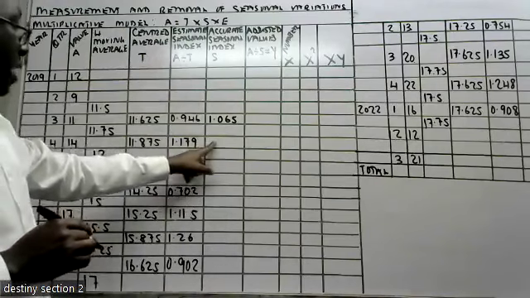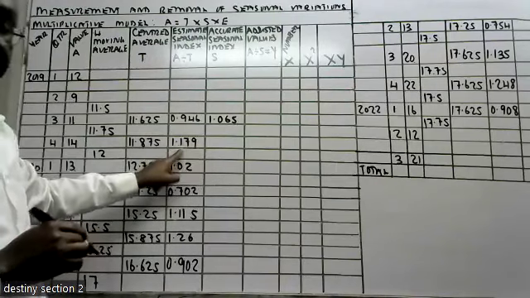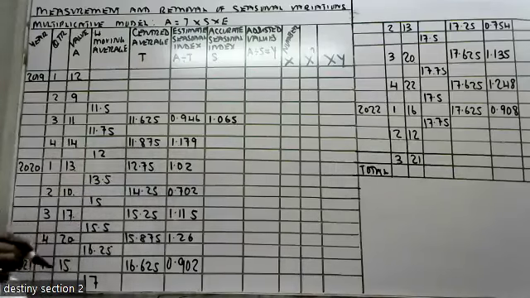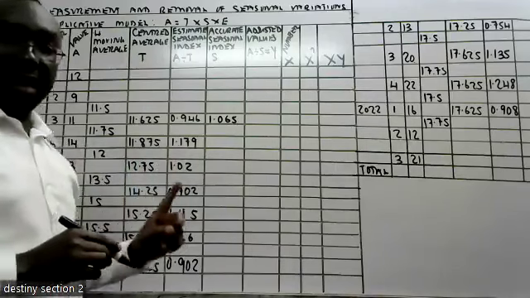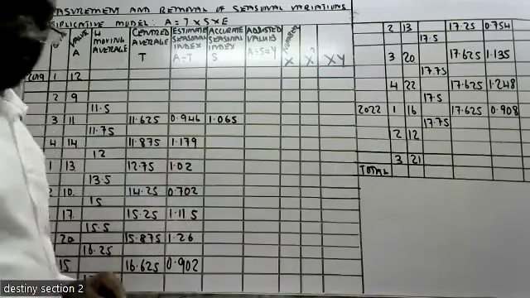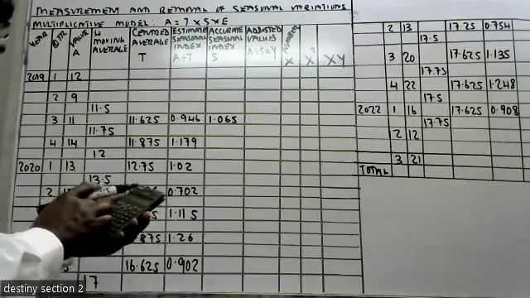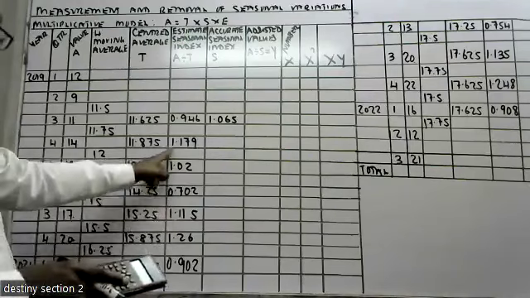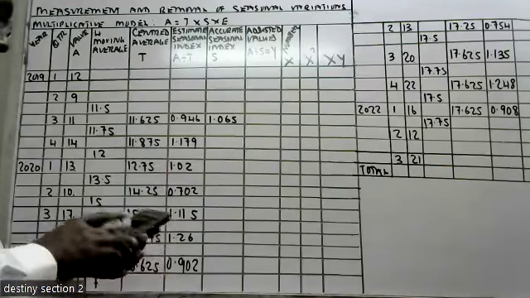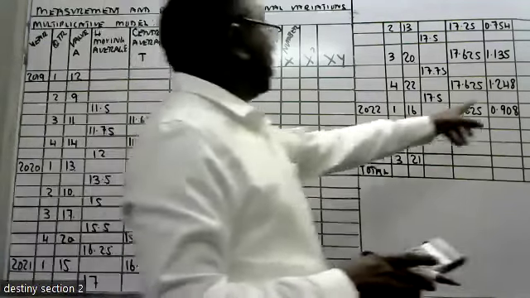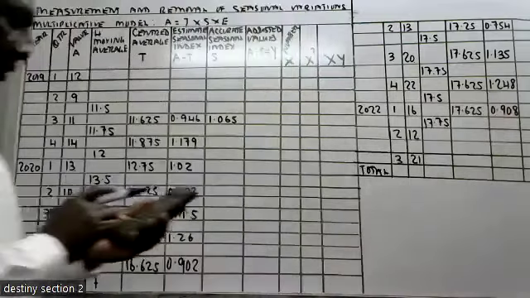Let us come here, this other one. This one is in quarter 4. So you pick all the others that are in quarter 4. We add them. So the first one is 1.179, this one. Then there is this 1.26. Then there is this 1.248.